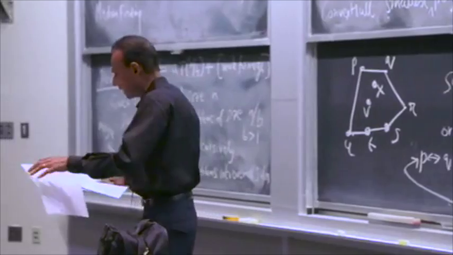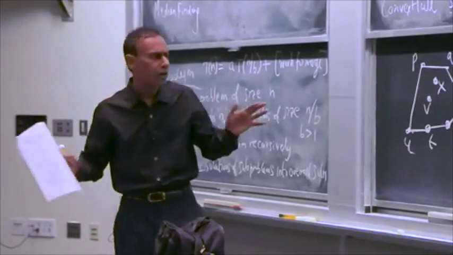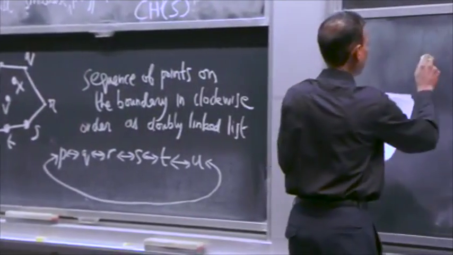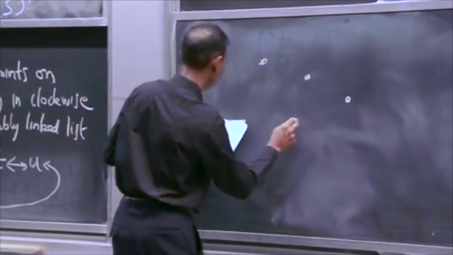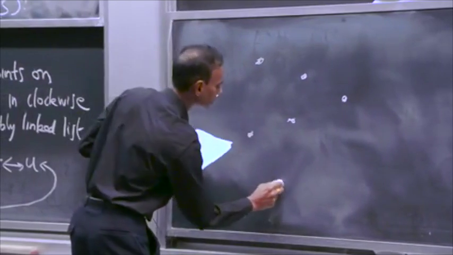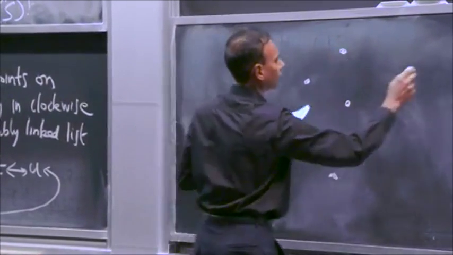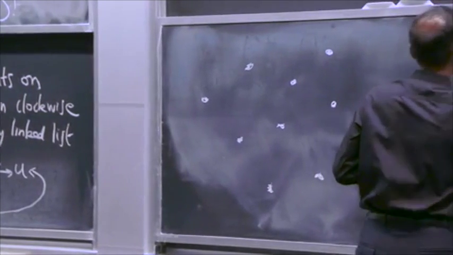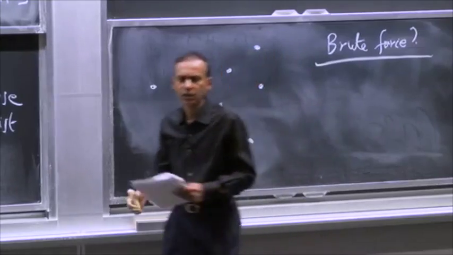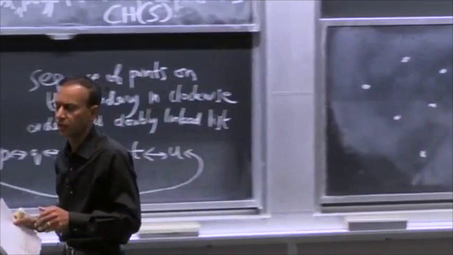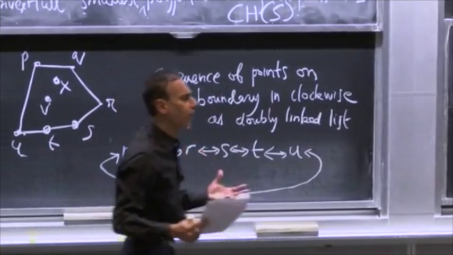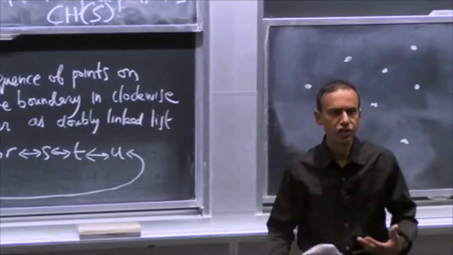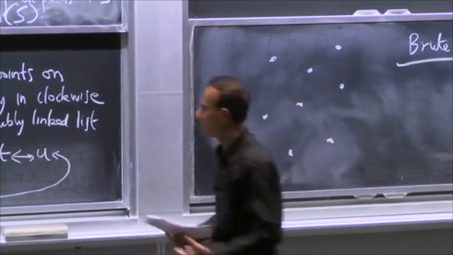So let's say that we didn't care about divide and conquer, just for the heck of it, and I gave you a bunch of points over here. Forget efficiency for just a couple of minutes. Can you think of a simple algorithm that would generate the segments of the convex hull?